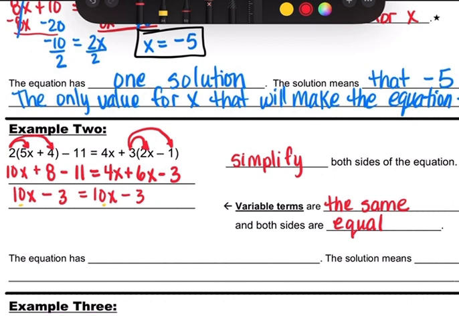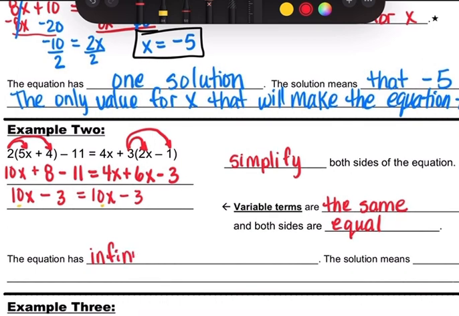Because they both are equal, we can already recognize this is infinitely many solutions. You can actually stop right there because you can recognize that both sides of the equation are the same. So this equation has infinitely many solutions. That means x could be any number that you like.